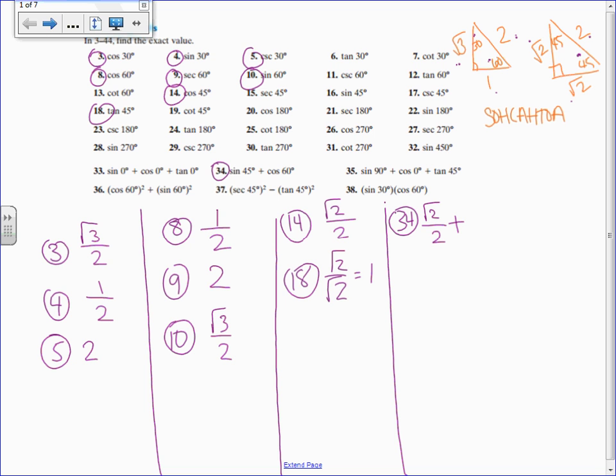The cosine of 60 is adjacent over hypotenuse. That's going to be 1/2. And I'm adding fractions. I need common denominators. It already has a common denominator. So this is just going to be the square root of 2 plus 1 over 2. Bingo, bango, we're done. You cannot combine the square root of 2 and the 1, right? We can only combine radicals if they have the same radicand. 1 is not a radical, so that is that.